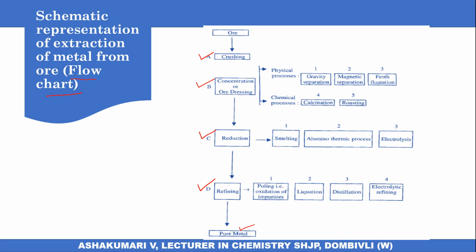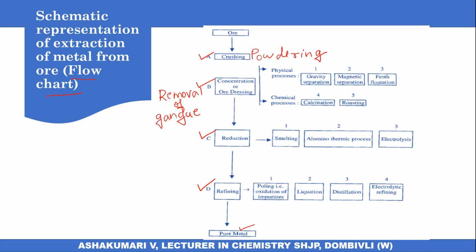Crushing means powdering of the ore. The process of removal of gangue or matrix from the ore is known as concentration. That is, concentration implies removal of gangue from the ore.